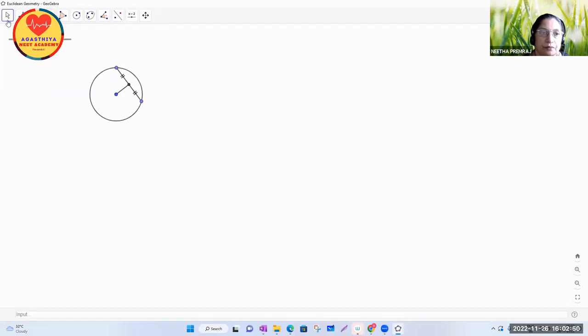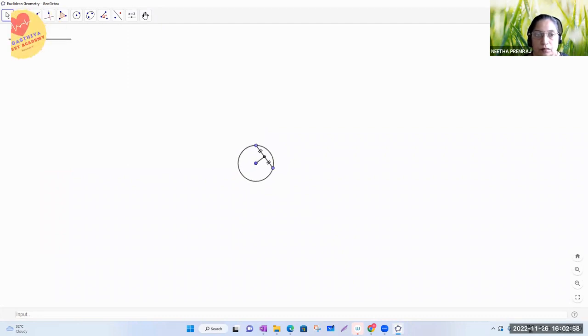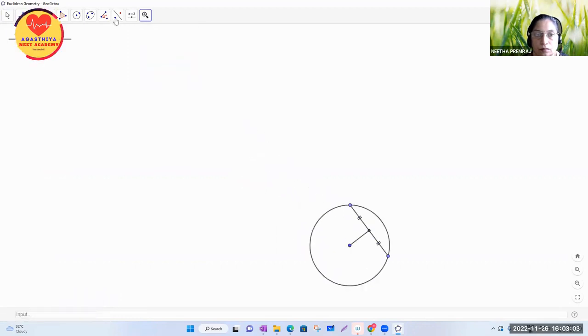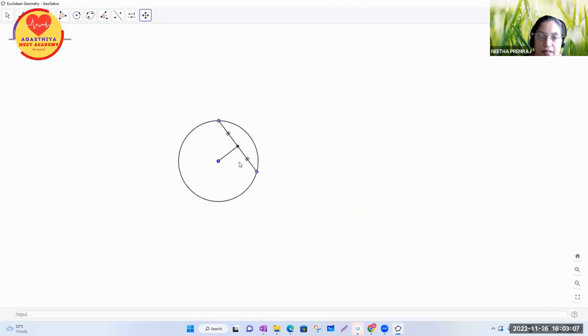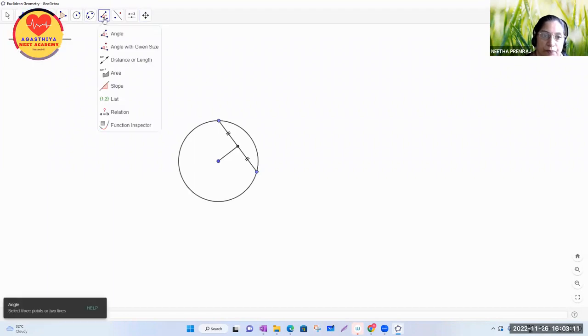Now you see, there is a chord and there is a line from the center. If you see, the angle between the chord and the line from the center is what?